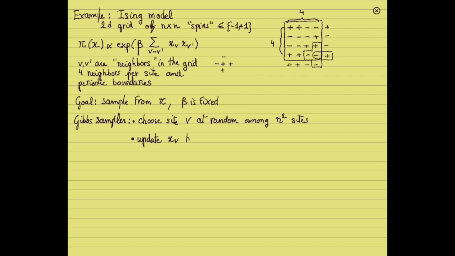And we will do so by sampling from the conditional distribution of this spin xv given all the other spins. And we denote this conditional distribution by pi of xv given x minus v. X minus v refers to all the other sites, whereas xv is the variable corresponding to site v equal to plus or minus.